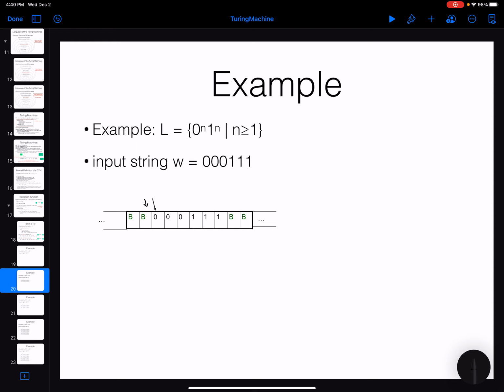Okay, so the idea here is that I'm just trying to tell you what I am going to do, and then we will write the Turing machine for that. I don't have a stack, right?